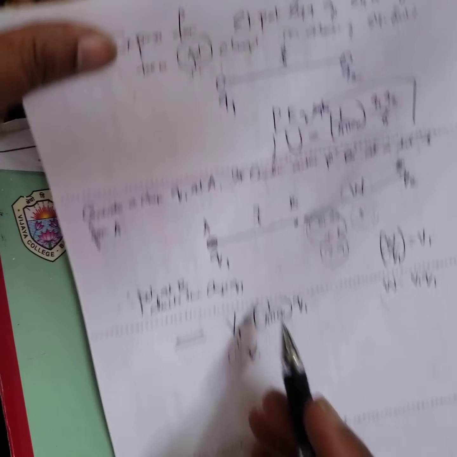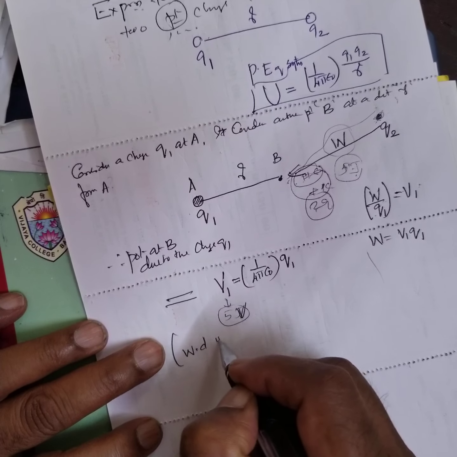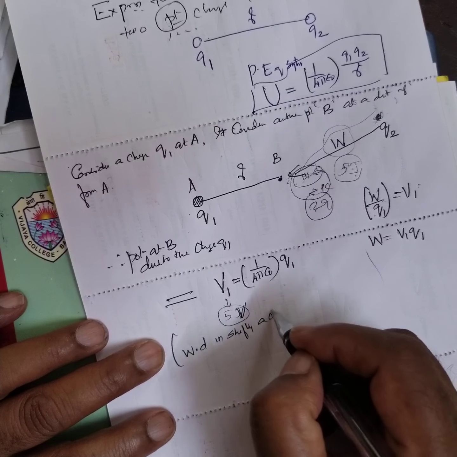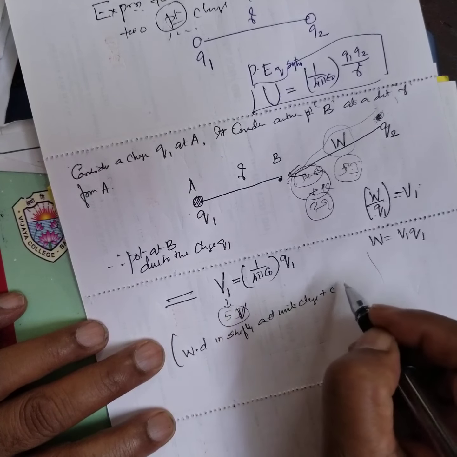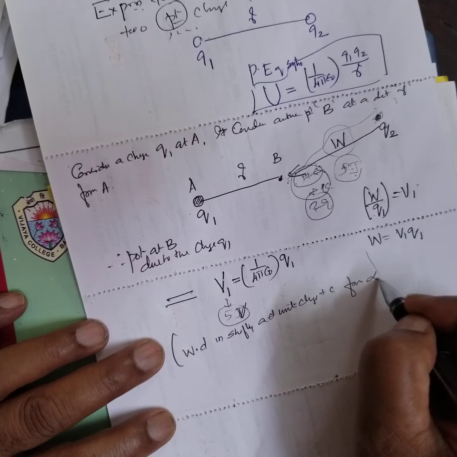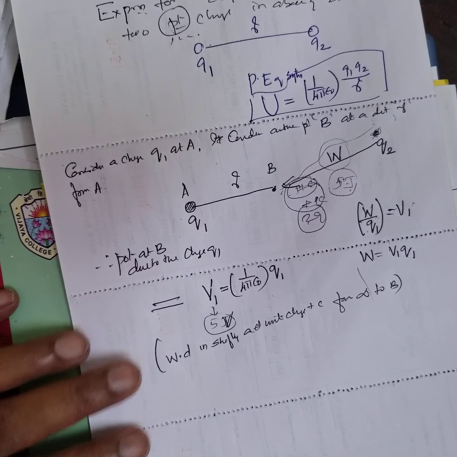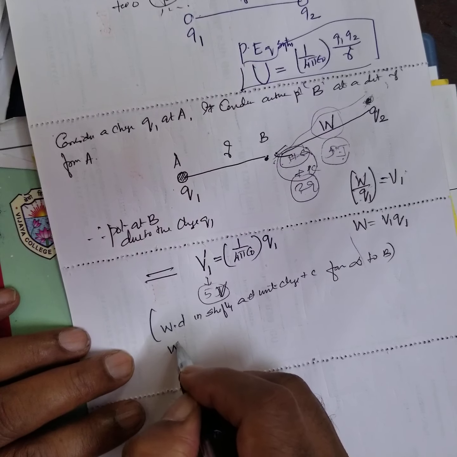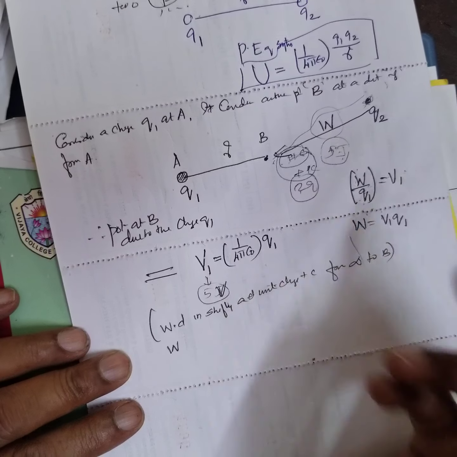This is the same as the work done in shifting a unit positive charge from infinity to B. Work done per unit charge is V1.